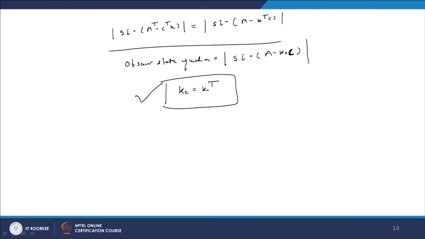Therefore, whatever methods were studied for pole placement are applicable in the observer state equation also. That means we can get the observer matrix or the observer based controller using pole placement techniques. Here we see only one method, and similarly you can use other methods.